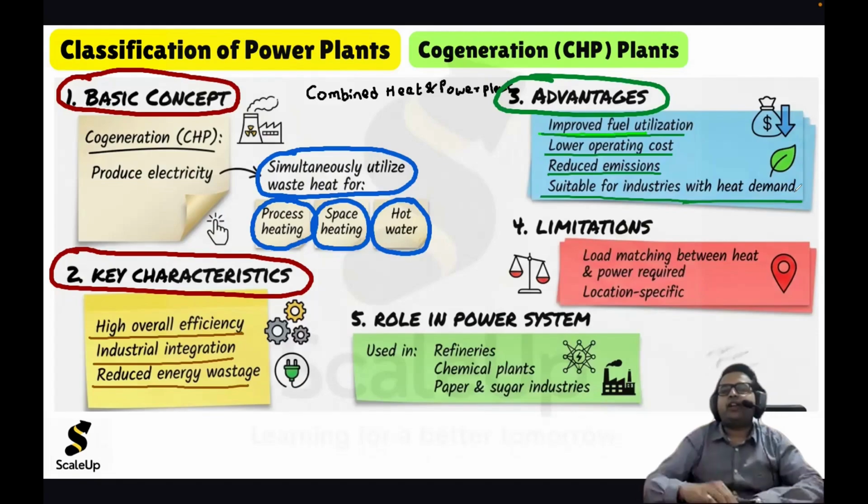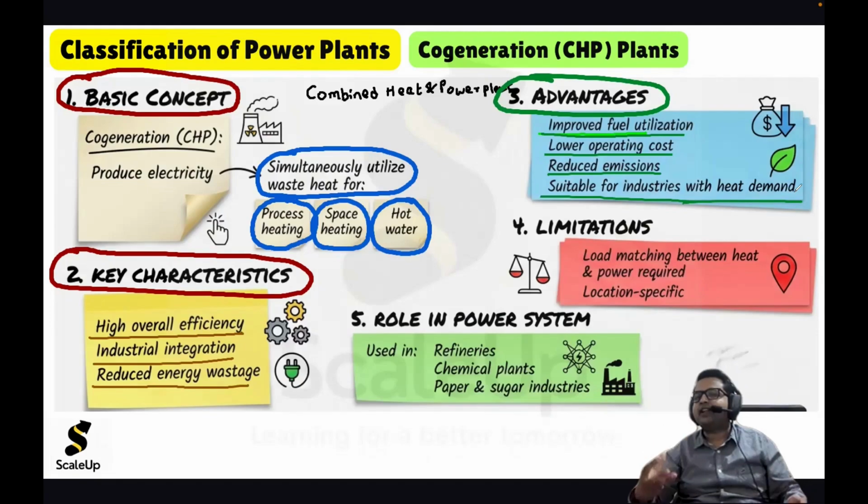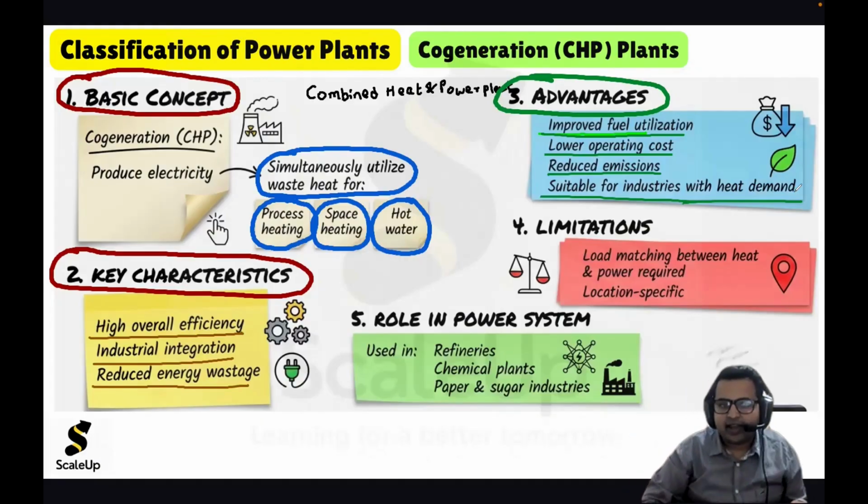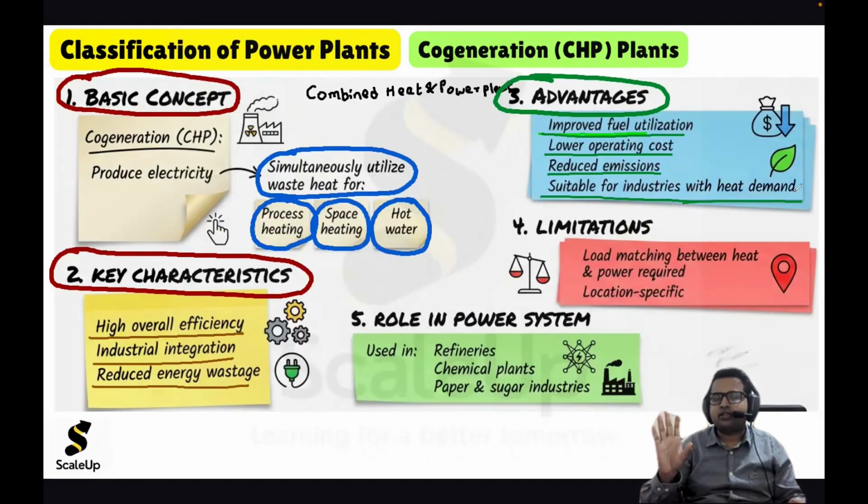And one more very interesting thing: in any industry where heat is getting generated, once the chemical process is accomplished, they just waste the heat. Now we can make use of that waste heat also to generate electricity. And there also this cogeneration power plant will play a role.